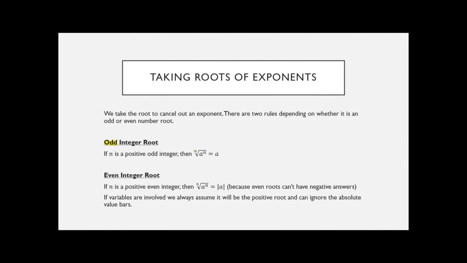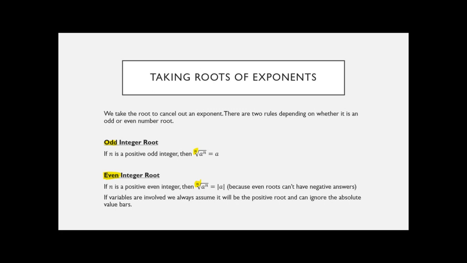When we say odd here, that means the n, the number that's up there, is odd, and even means it's an even number. So this special rule is for the even. Technically, when you are canceling these out, you always end up with the absolute value of your answer because we can't have negatives coming out of a square root. Most of the time we assume it's going to be the positive.